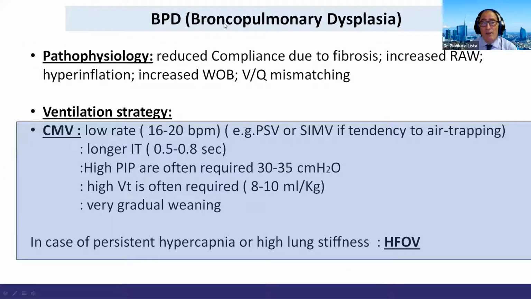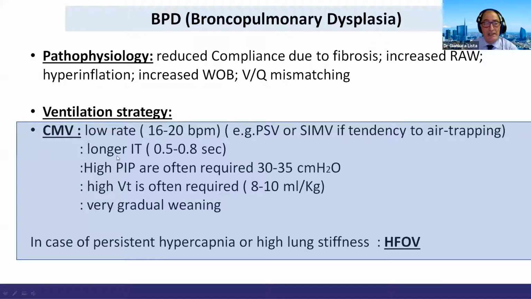For BPD, bronchopulmonary dysplasia, these patients are characterized by reduced compliance, increased resistance, increased work of breathing, and very high ventilation perfusion mismatching. If you use conventional mechanical ventilation, remember to reduce the rate, and if possible use pressure support ventilation or SIMV in order to reduce the risk of air trapping.